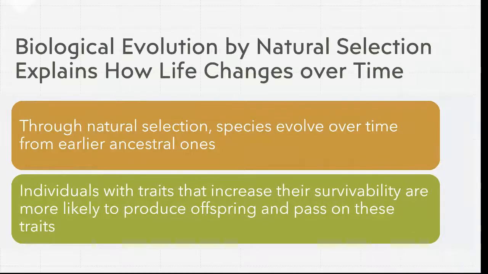Biological evolution by natural selection explains how life changes over time. Through natural selection, species evolve over time from earlier ancestral ones. Individuals with traits that increase their survivability are more likely to produce offspring and pass on these traits.